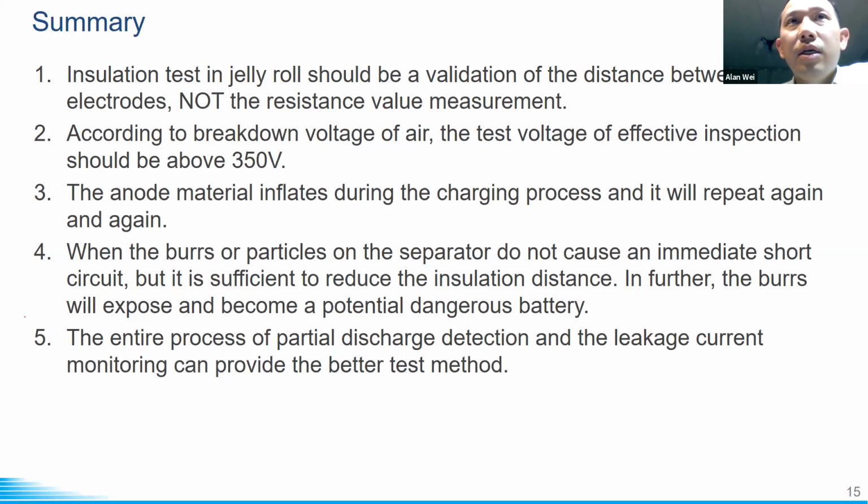You can see the particle may cause a melt hole, and all the burrs or particles will explode without any protection. The entire process of partial discharge detection and leakage current monitor can provide a better test method.